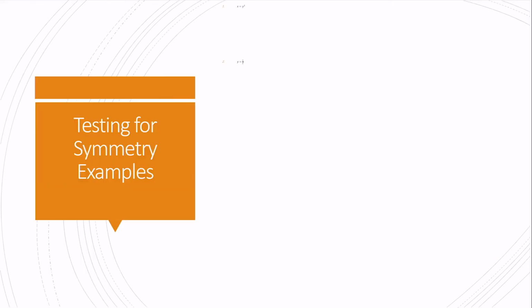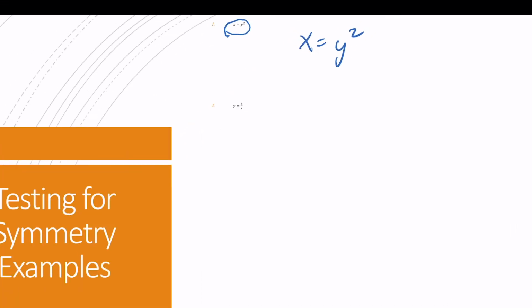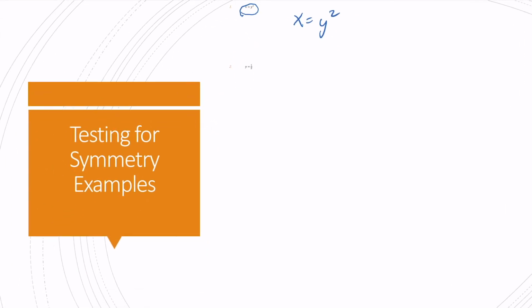So let's test for symmetry. Oh my gosh, what happened? Okay, so I have x equals y squared as this first tiny equation right there. Let's zoom in, or not. So I have x equals y squared. The first thing I'm going to want to test is x-axis symmetry.